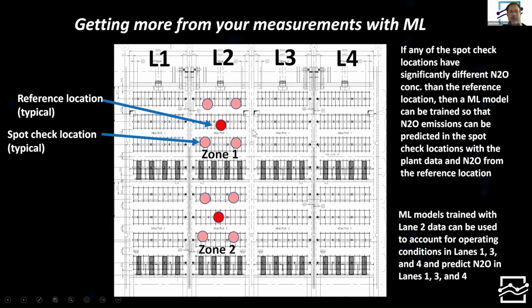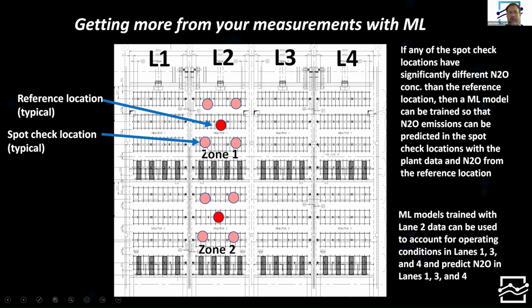But as I mentioned before, it's important to check. So we can check to see that there aren't any significant differences in what is measured up here versus here, and also across the reactor.